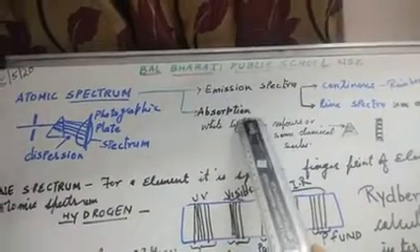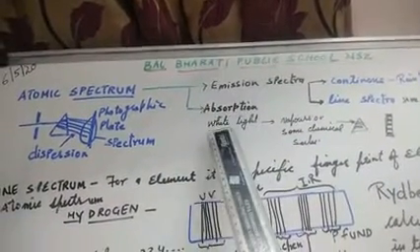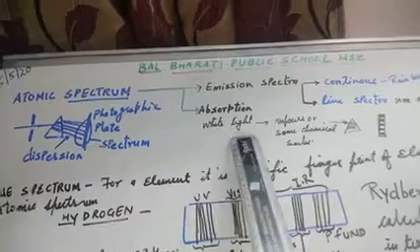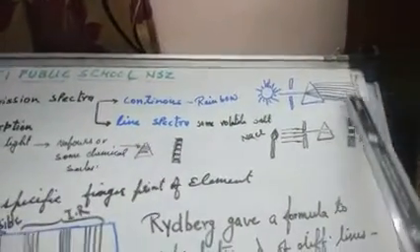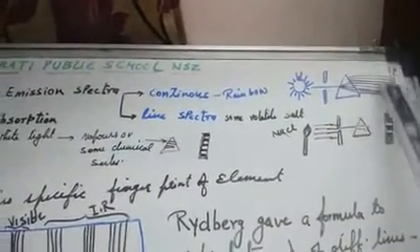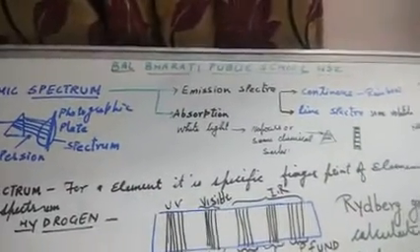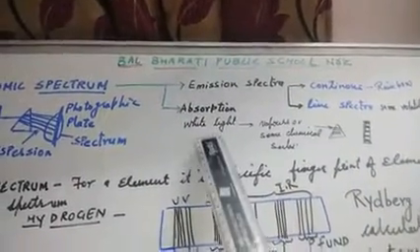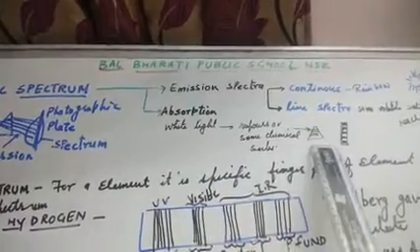Absorption spectrum. It is the spectrum when white light, which was previously giving you the continuous pattern, with all colors intermingled, continuous pattern we were getting. But in the absorption spectra, white light is not directly taken on the prism.